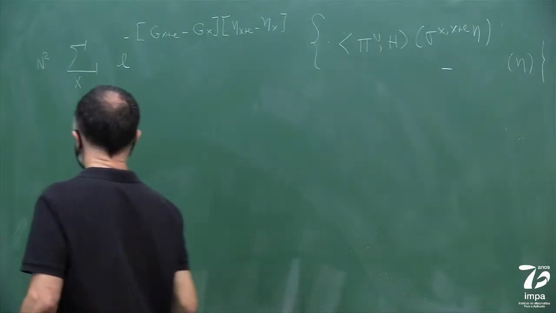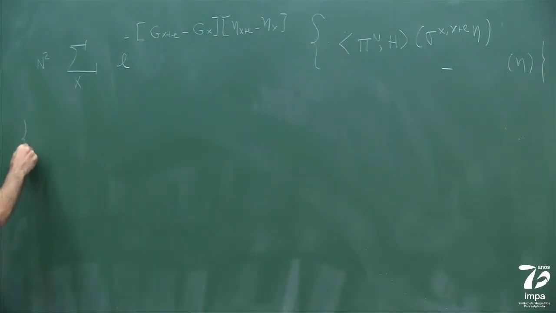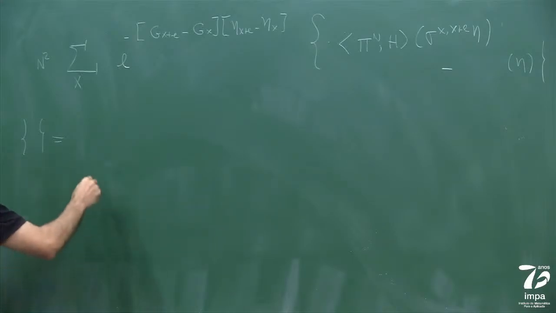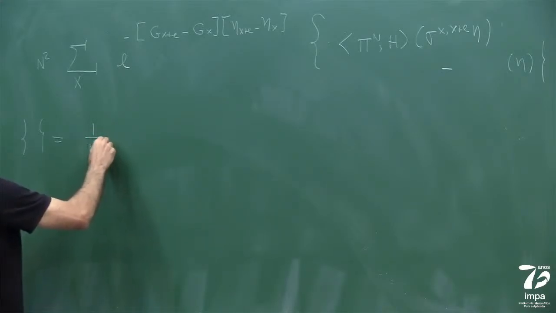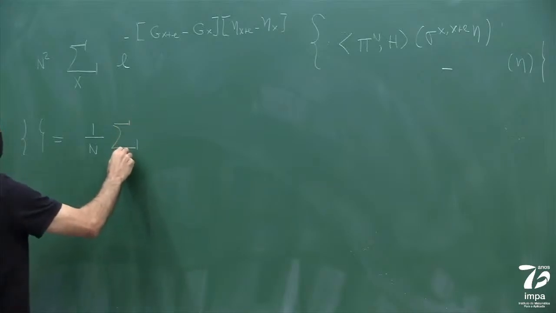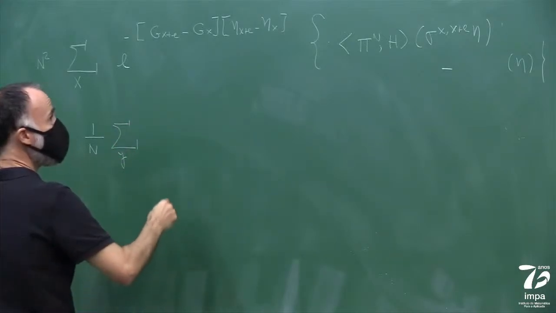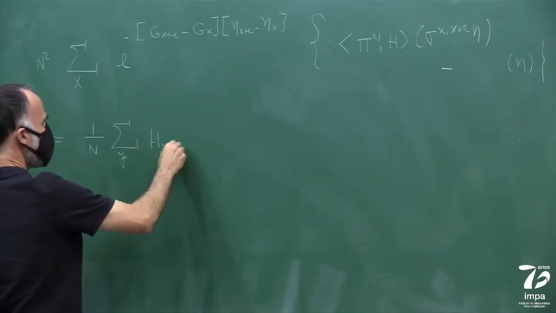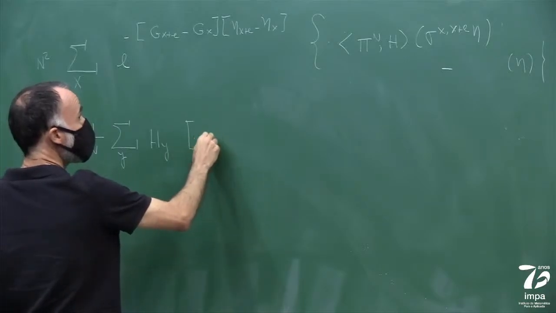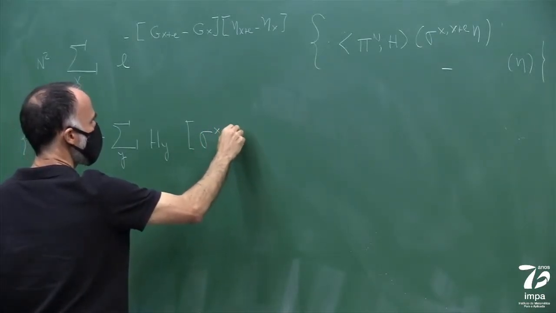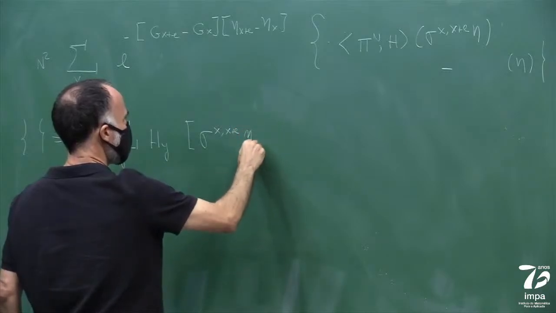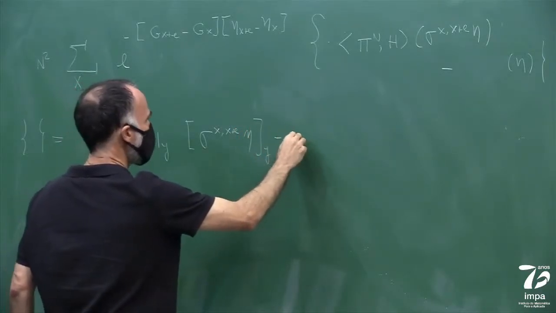So let me first compute the expression which is inside braces. So over there I have 1 over n, the sum over y, and hy of sigma x, x plus e, eta at y minus eta at y.